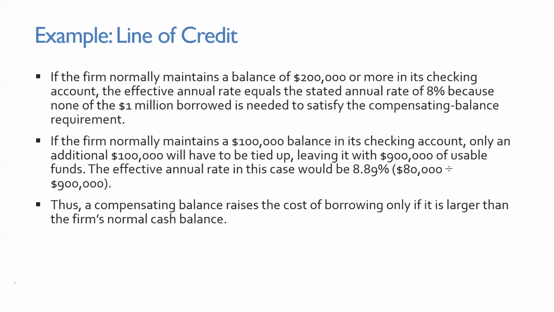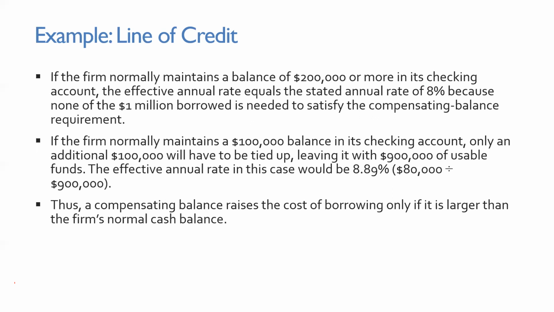If the firm normally maintains a balance of 200,000 to the bank, meron silang relationship, and talaga namang nag-maintain siya ng 200,000 doon, regardless. Okay? If that's the case, then you actually will receive the entire 1 million, right? Kasi may account na talaga ng 200,000 before the loan. And so wala nang maiipit na pera sa compensating balance.